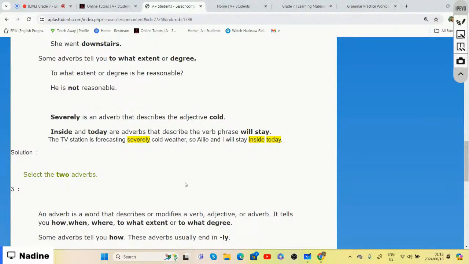It is an adverb that describes the adjective, which is cold, because they say cold weather, so cold describes the weather, but severely cold describes the adjective. And then inside and today are also adverbs and they describe the verb phrase, which is will stay.